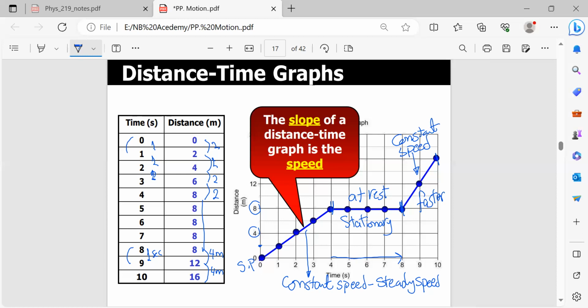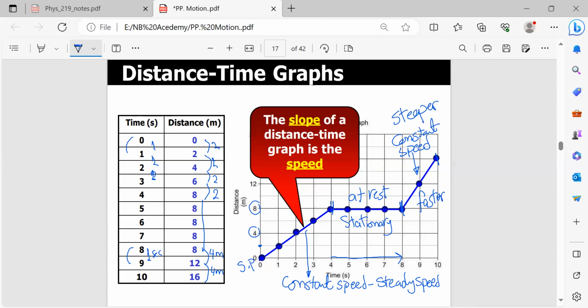Okay? How can you tell from the shape of the graph, without even doing any calculations, how to compare two speeds? Here, this part of the graph, we say it's steeper. What does steeper mean?